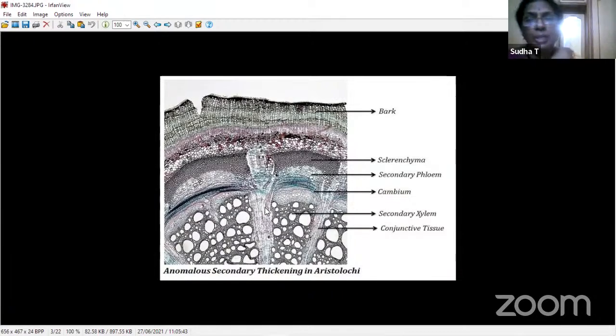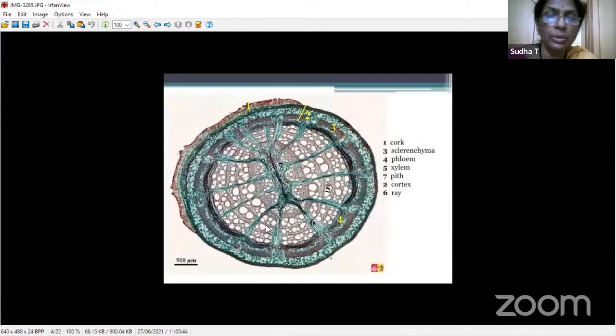Instead of developing the xylem inside, it is going to develop continuous parenchyma tissue in a broad area, making it cleaved or separated, not a single cylinder. So this is one form of abnormal behavior of the cambium ring. Aristolochia is also an example we have seen. So this is the overall view, and this is how the deeply separated xylem cylinder is seen.